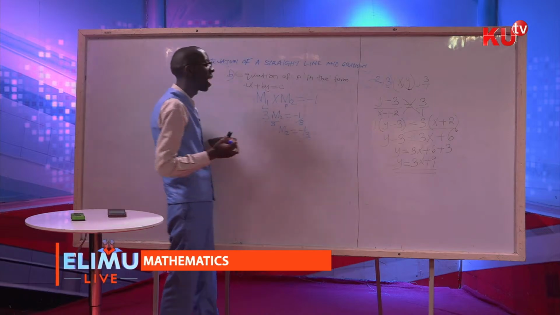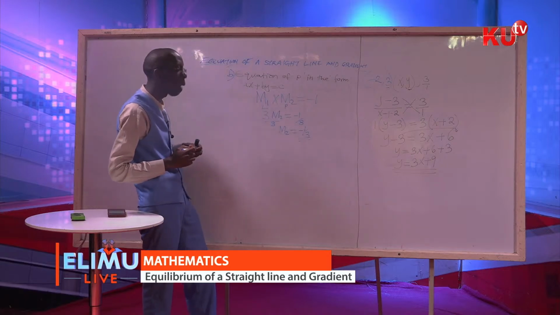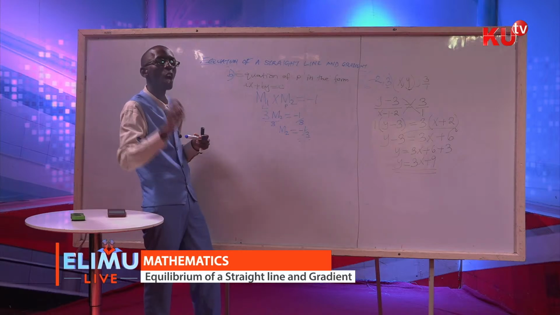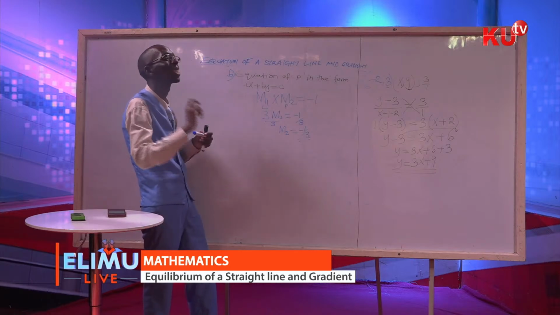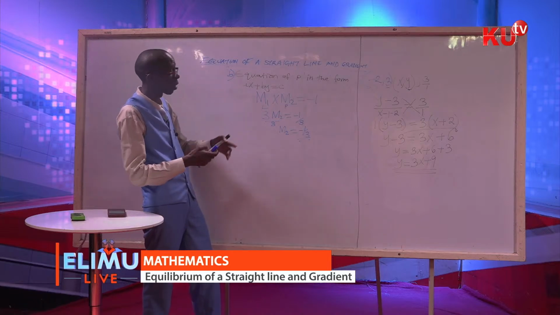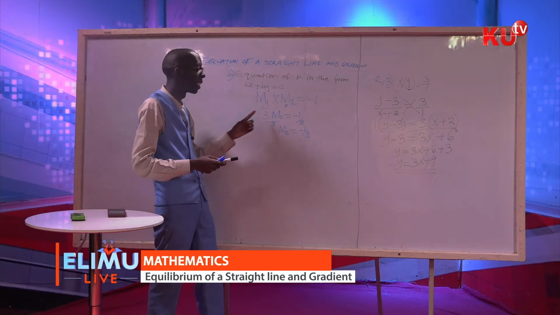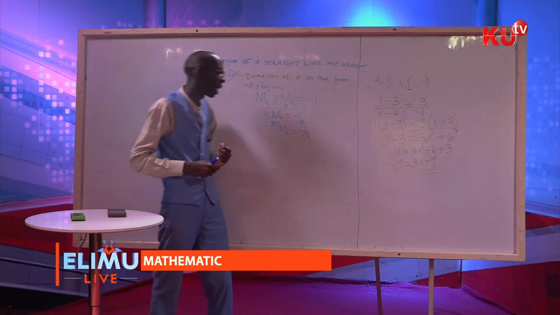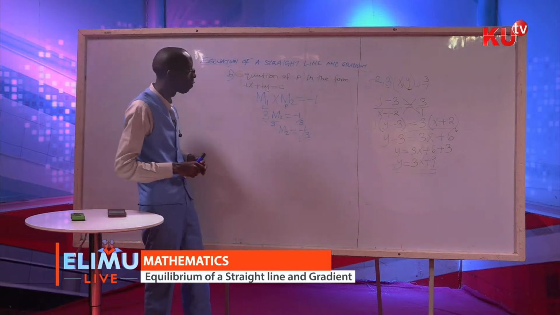That is the gradient of P, which is a line perpendicular to L, whose gradient was 3 over 1. You see it? I told you, if the gradient of one line is 3 over 1, the gradient of the other line, which is perpendicular, will be -1 over 3.